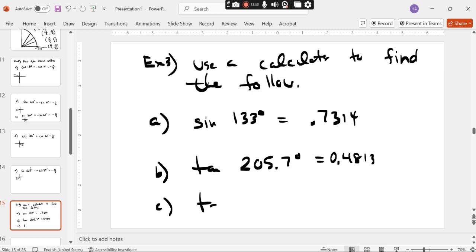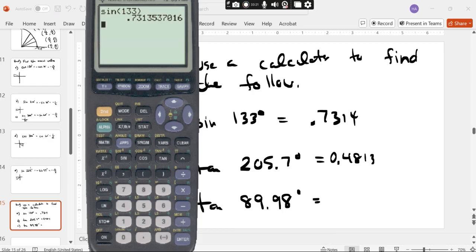This would be a fun one here. How about tangent of 89.98 degrees? That's crazy. Let me do it on mine over here. Tangent of 89.98 degrees is a big number.